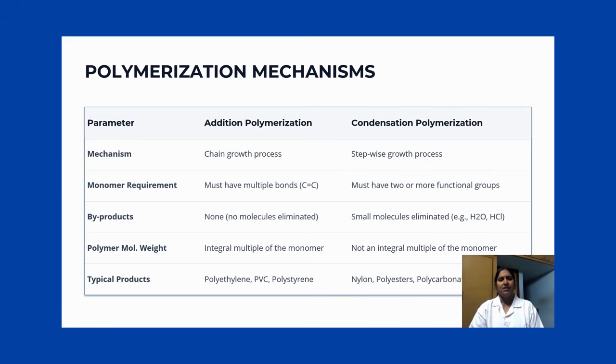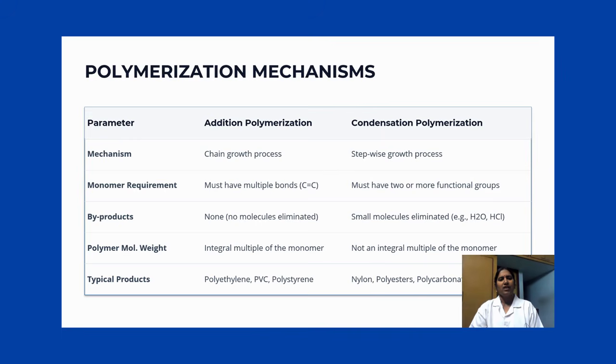Polymerization mechanisms. Addition polymerization is a simple chain growth process. The monomer requirement is multiple bonds, that is C double bond C. There are no byproducts, and the polymer molecular weight is an integral multiple of the monomer.